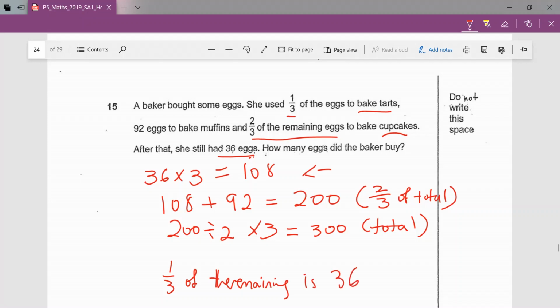That's why I times 3. So the remaining is 108. Remaining of what? Of eggs left after those that are taken away to bake tarts and muffins. So you have to add them all back and then you can find the answer.